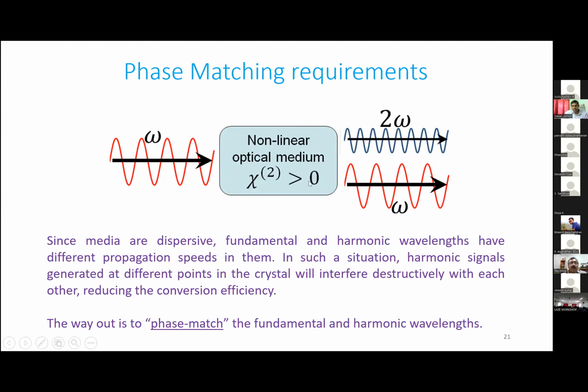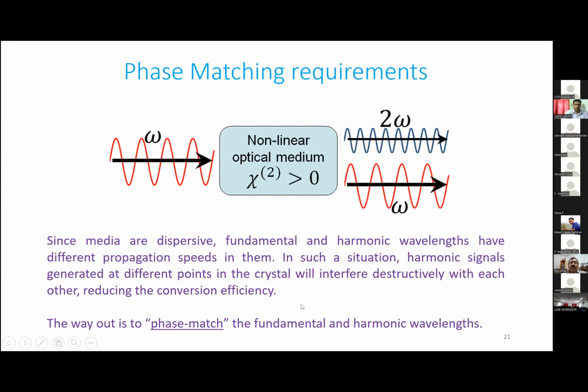The problem here is all media are dispersive. So the fundamental and harmonic wavelengths have different propagation speeds in them because they have different refractive indices. In such a situation, the harmonic signal generated at different points in the crystal will interfere destructively with each other, reducing the conversion efficiency.